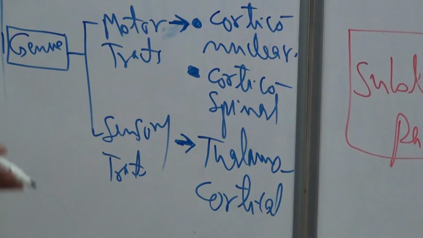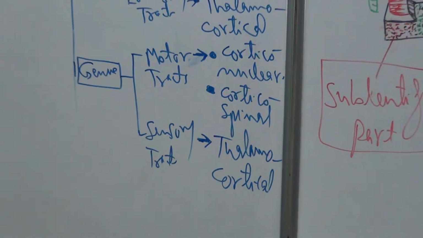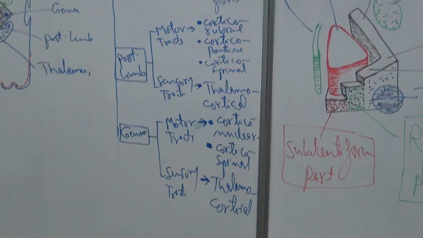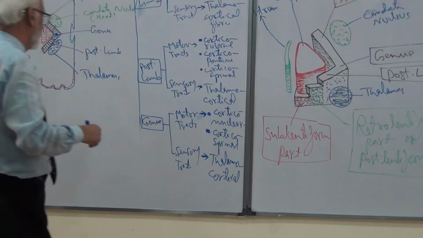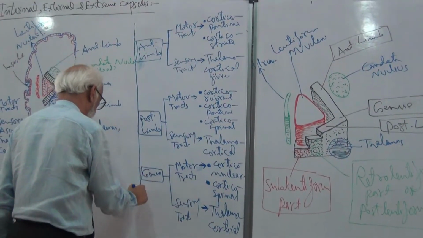They pass from the thalamus on the way to the sensory cortex through the internal capsule.